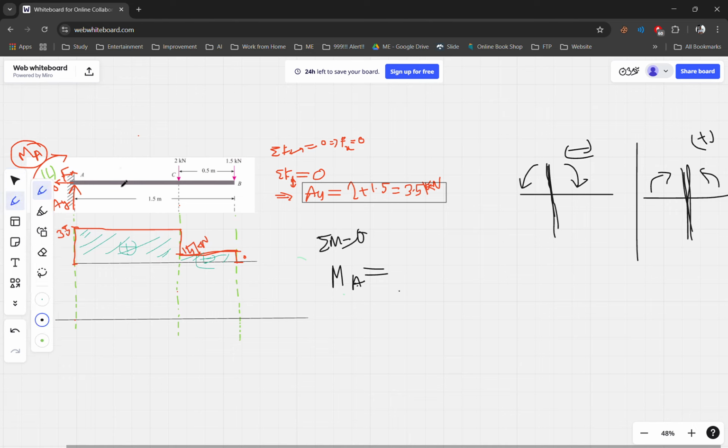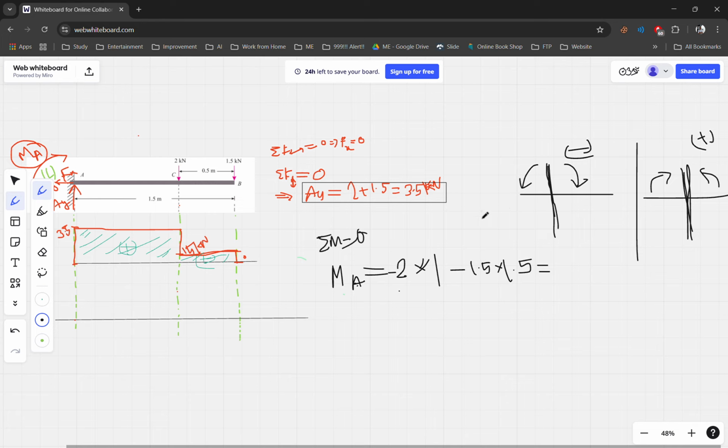It will be, let's do it this way. This is the right side, so both of the forces are going downward, right? So 2 kilonewton will be negative, negative 2 multiplied by the distance 1, negative 1.5 into the distance 1.5.